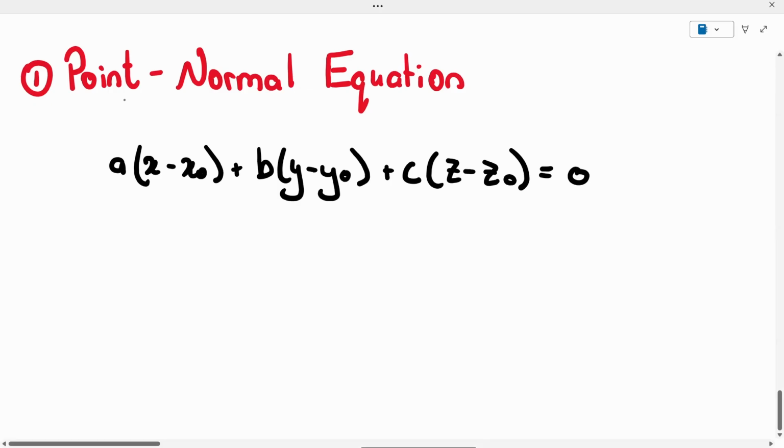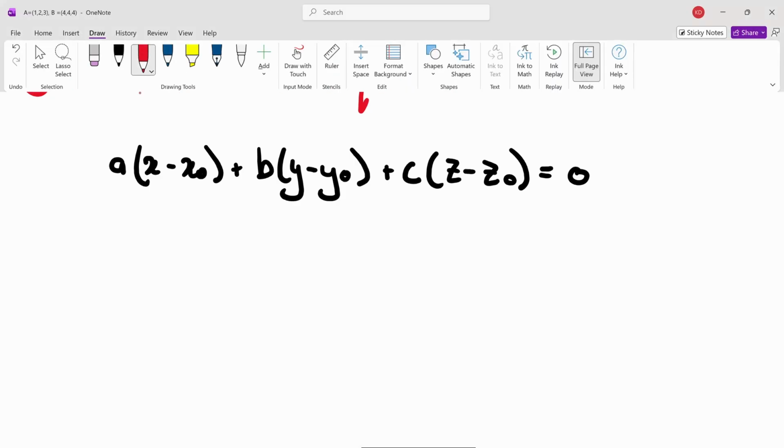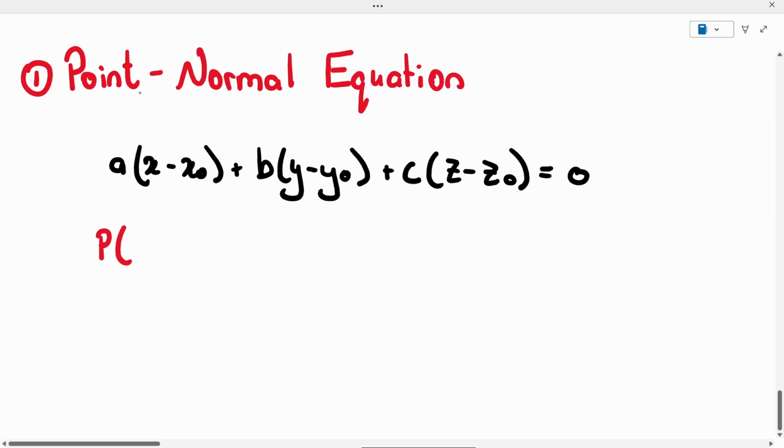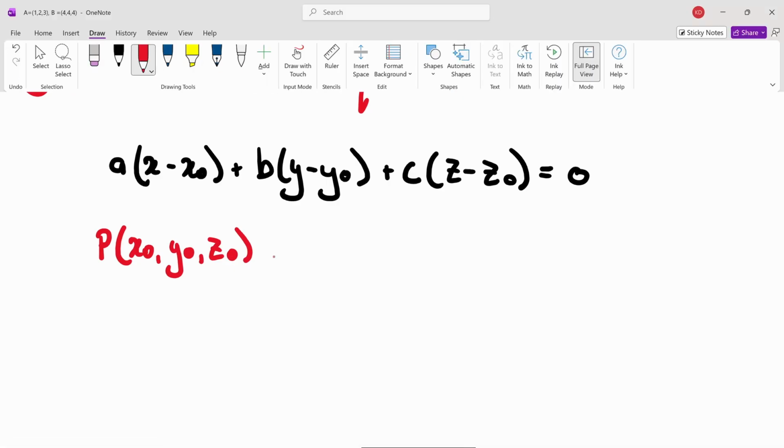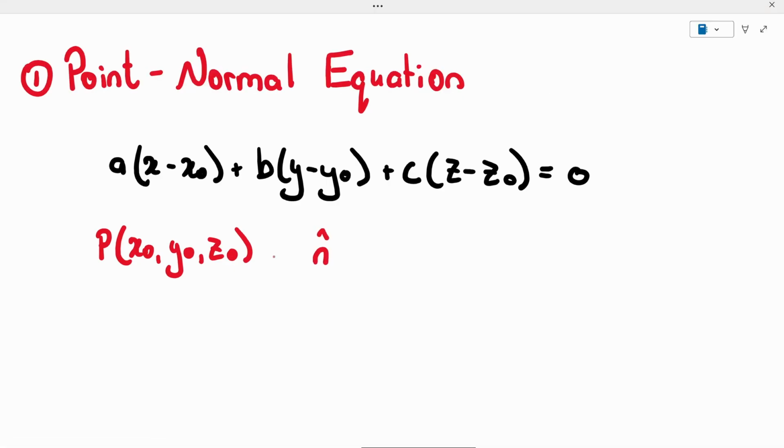That is the point normal equation of the plane. And of course, the point has coordinates x0, y0, and z0, and the normal, because it's perpendicular, we'll put a little hat, has coordinates a, b, c.